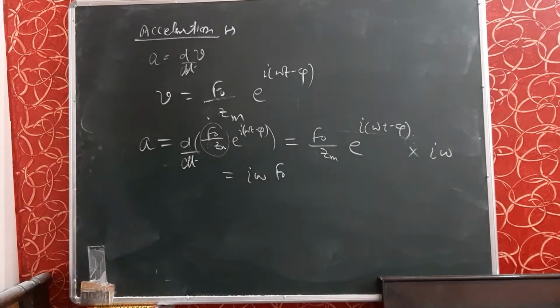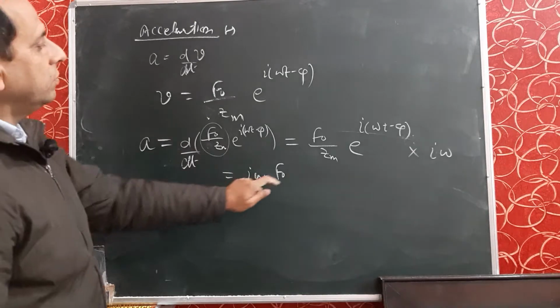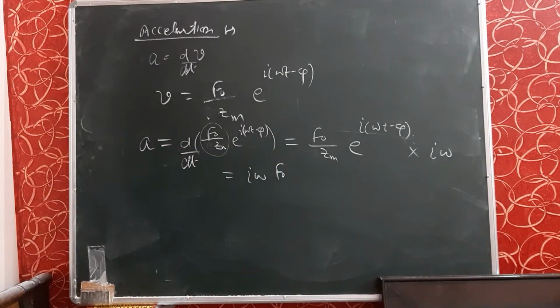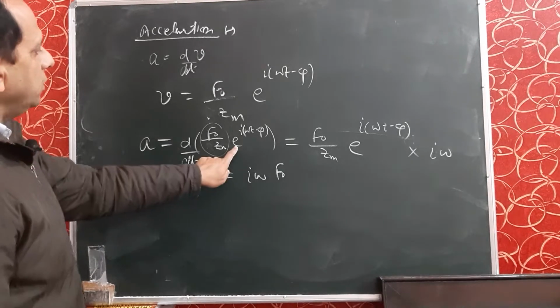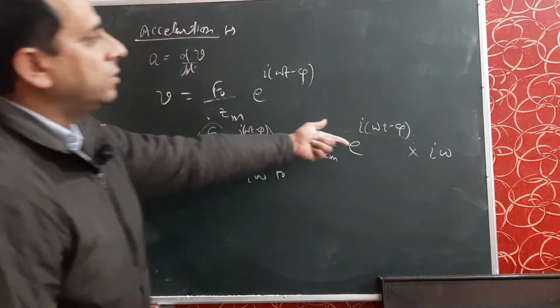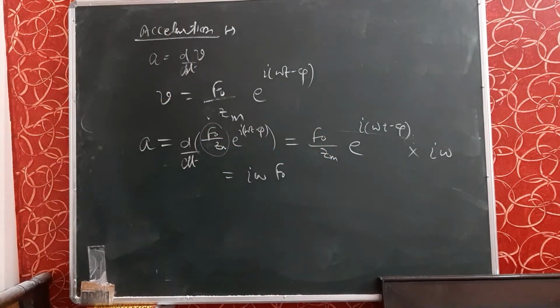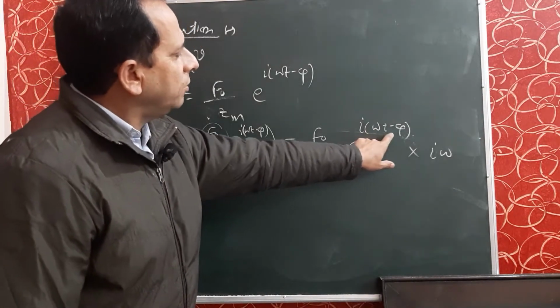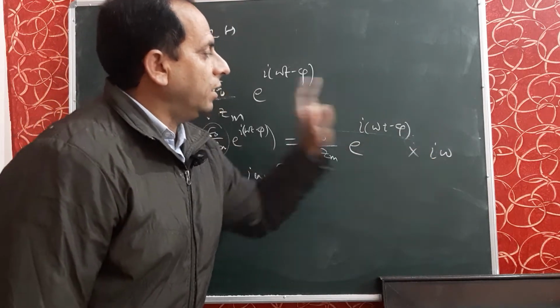When we take the derivative of this term, F0 upon Zm will come out because it is constant, independent of time. And the derivative of e power iota (omega t minus phi) is e raised to power iota (omega t minus phi). You know that the derivative of e power x is e power x. And the derivative of iota (omega t minus phi) is iota omega.